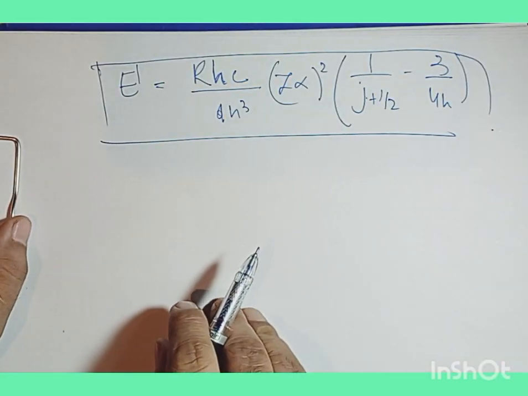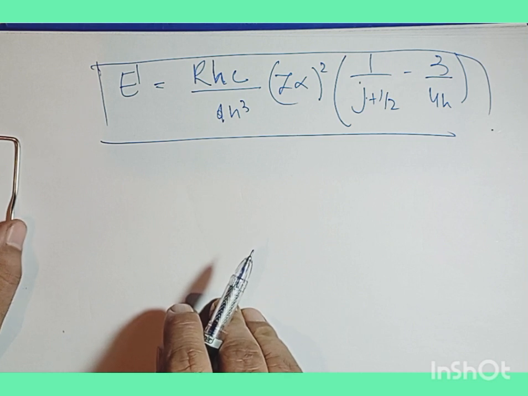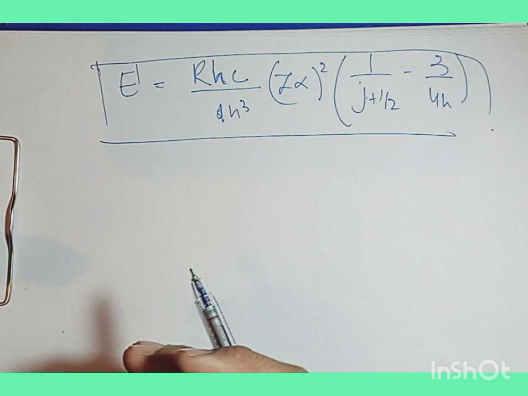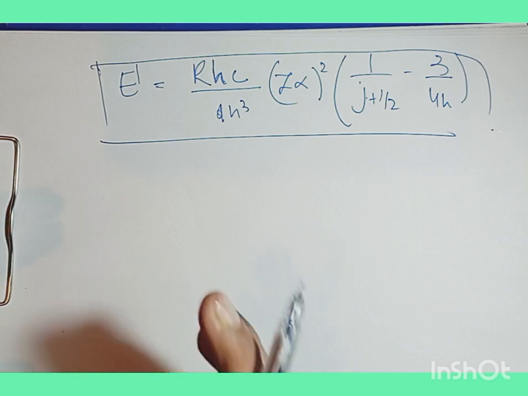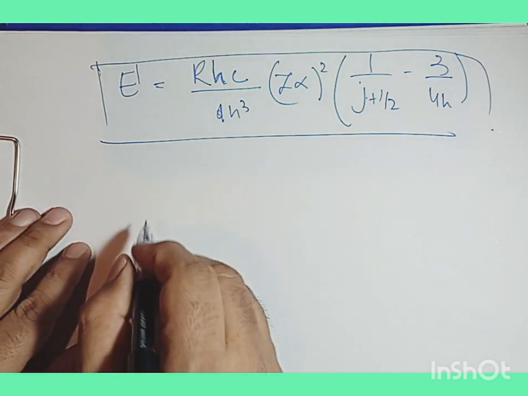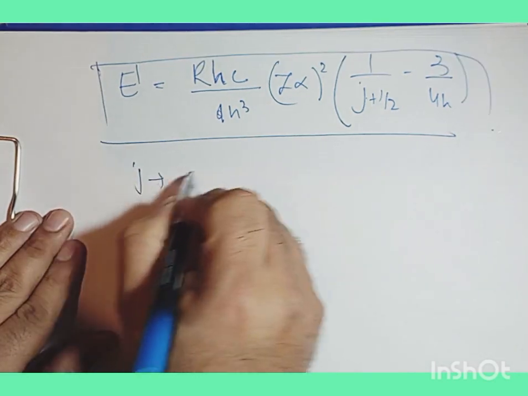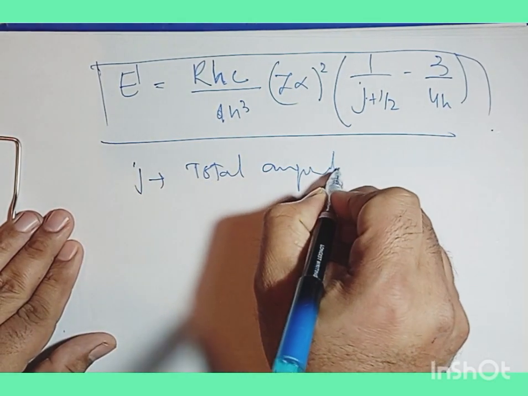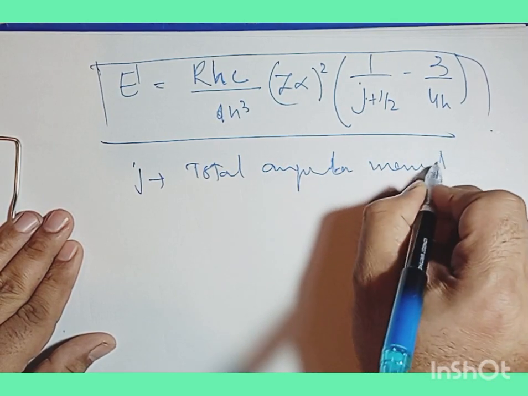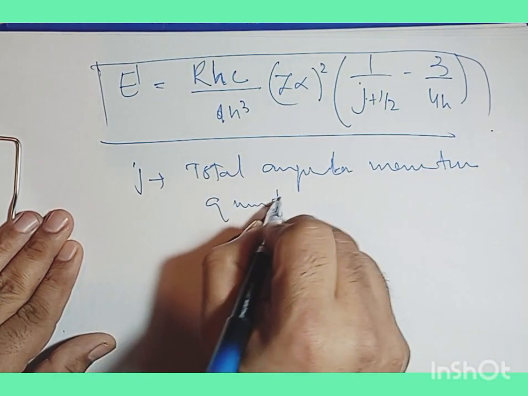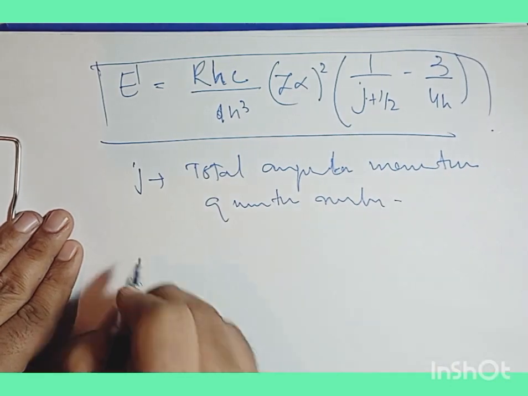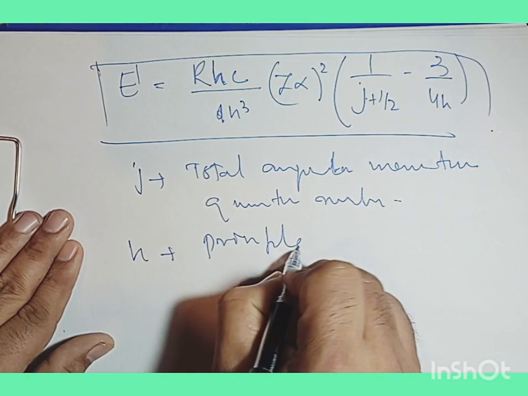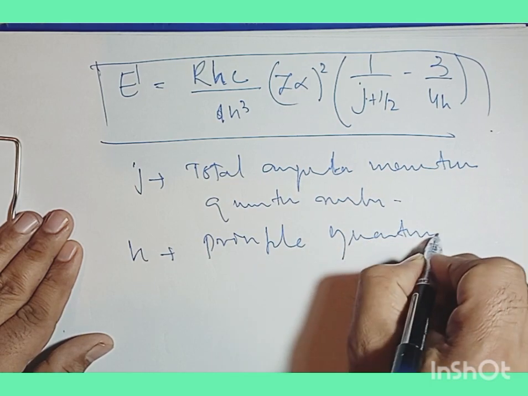And what we see in this equation is that the corrections we have calculated are purely dependent on J. And what is J? J is the total angular momentum quantum number, and it depends on n. And what is n? It is the principal quantum number.